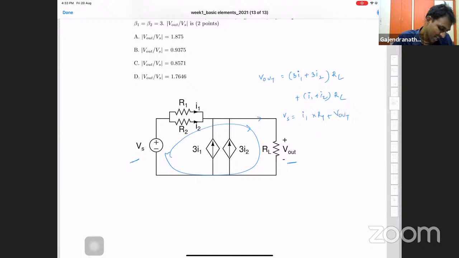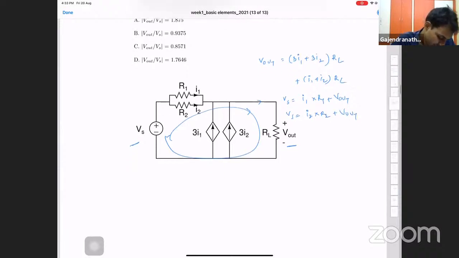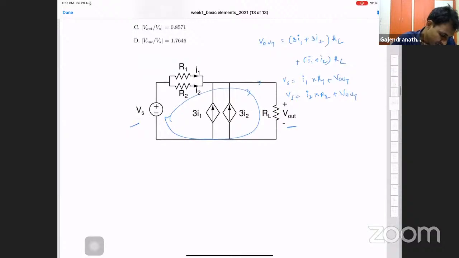I can also get another relationship: Vs is equal to I2 times R2 plus V out. Correct? So if I add these two, what I get is 2Vs equal to I1 R1 plus I2 R2 plus 2V out.